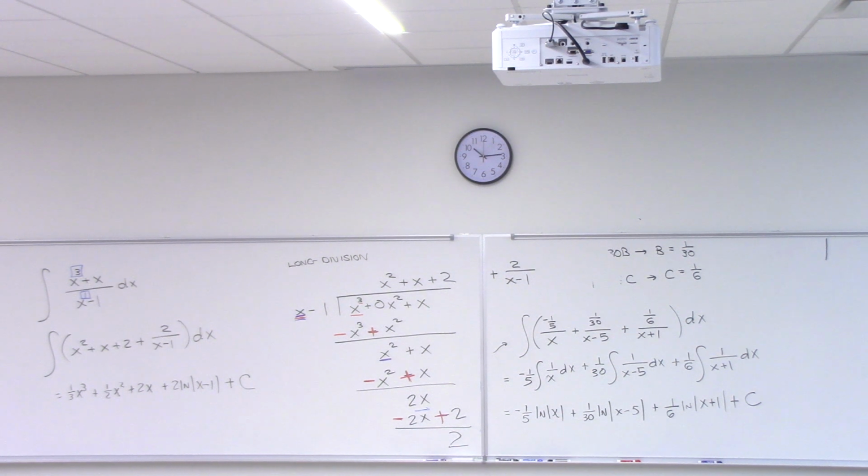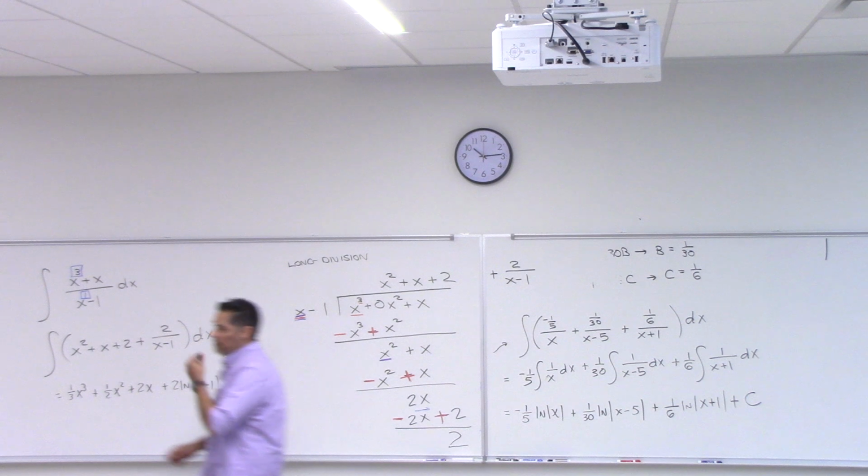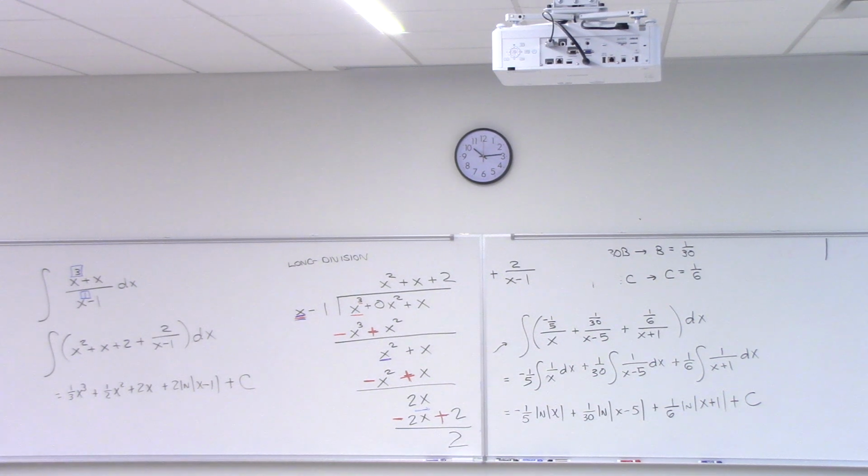Looking at these rational functions here, you can take a picture of this before you leave. What I'd like for you to do is, on G, see if you can do partial fraction decomposition on that.